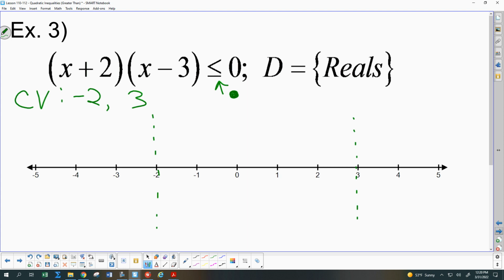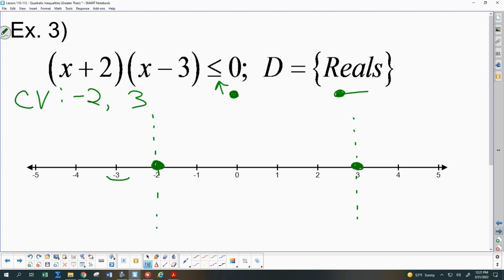Open circles when we don't have the equal bar, or nothing at all if it's an integer graph. Filled in if we have the or equal bar. These will be real, so I'm going to be shading one direction or another. It's going to be the solid shading from those endpoints once I figure out which parts to shade.